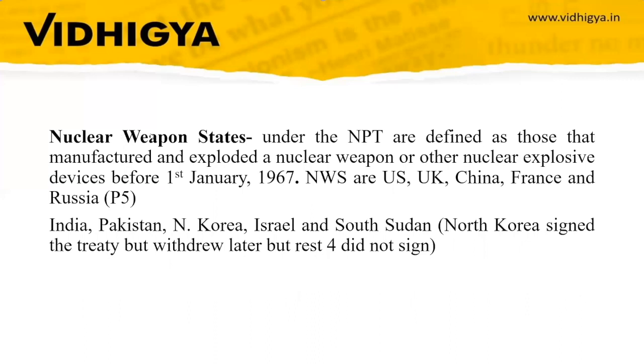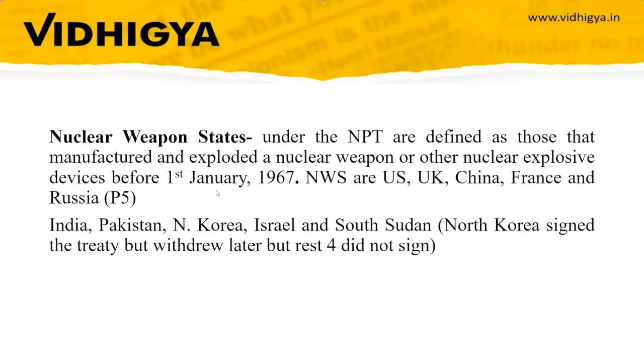Now we need to know about nuclear weapon states. Under the NPT, nuclear weapon states are defined as those states that manufactured and exploded a nuclear weapon or other nuclear explosive devices before 1st January 1967. So you need to remember this cutoff date under the NPT.